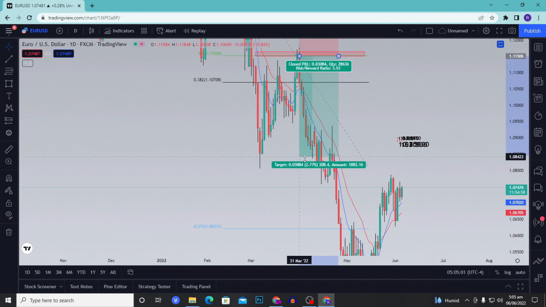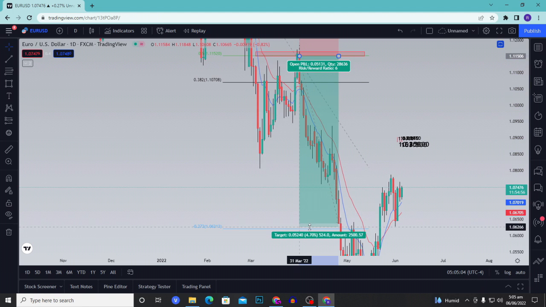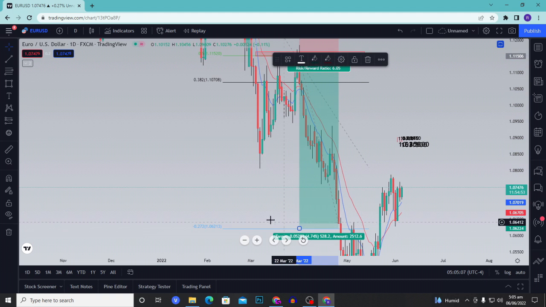And our take profit would be on the negative 0.272 on the Fibonacci.